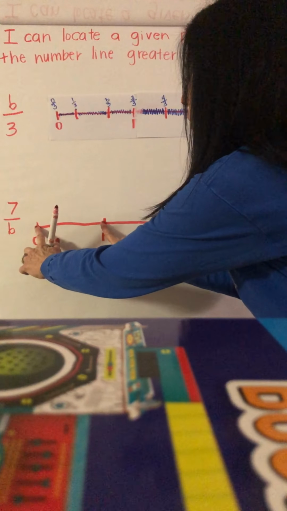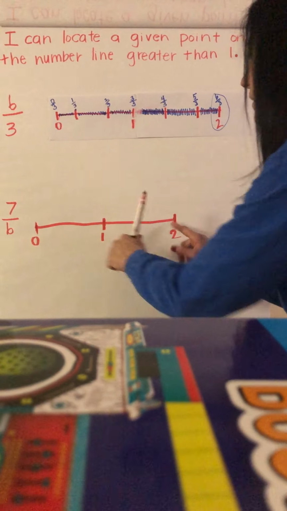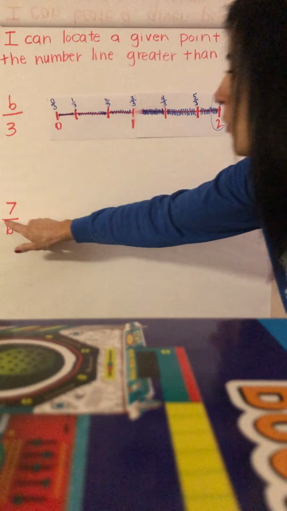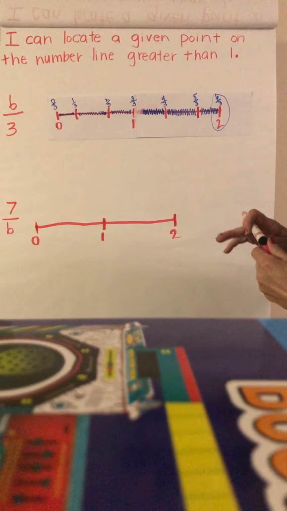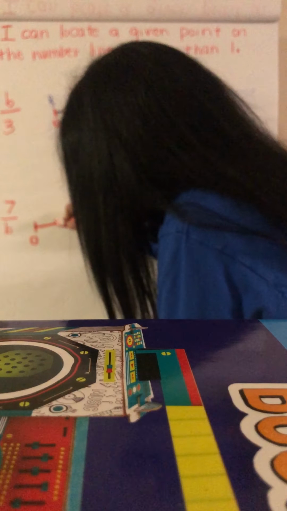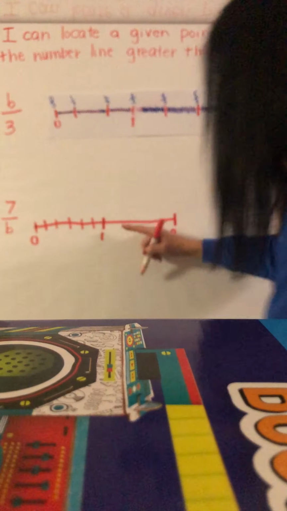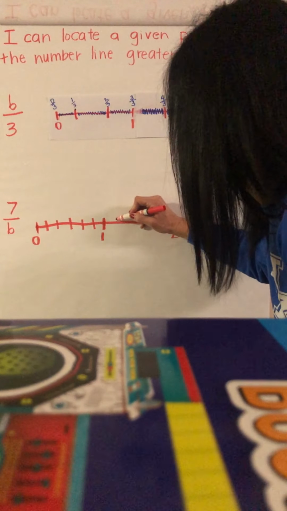Here's one whole piece of the number line here. Here's one whole piece of the number line here. I'm going to partition my number line into 6 pieces as equally as I possibly can. I'm going to do the same thing to this part of my number line.